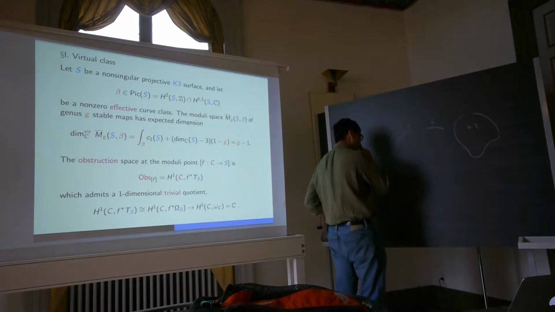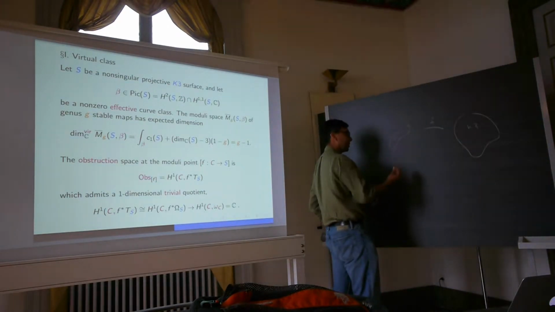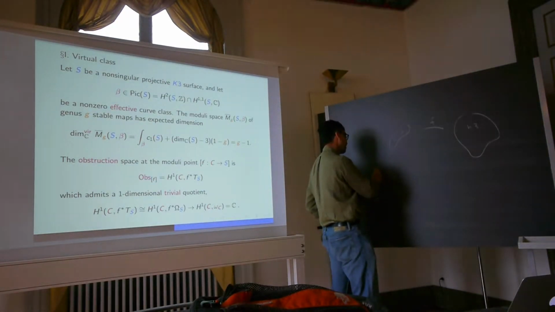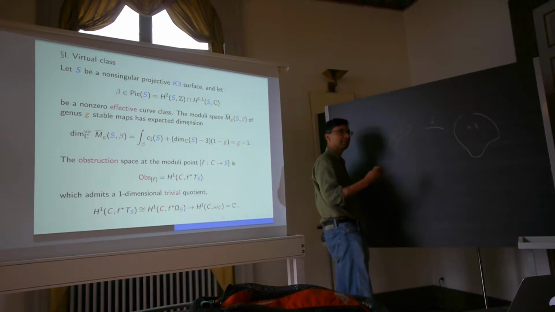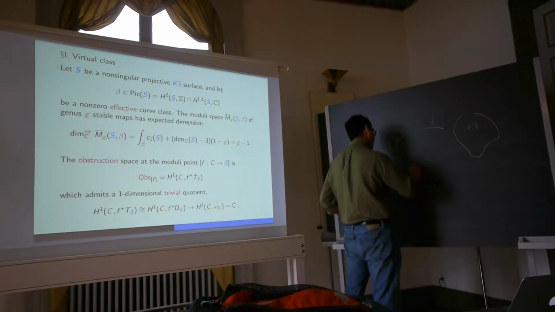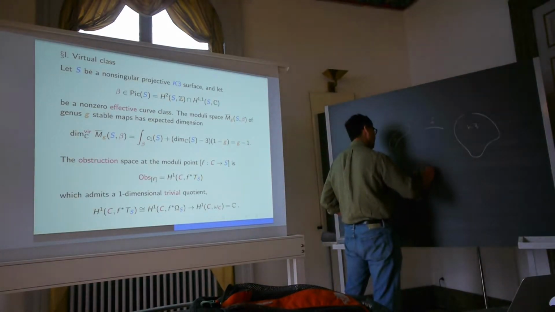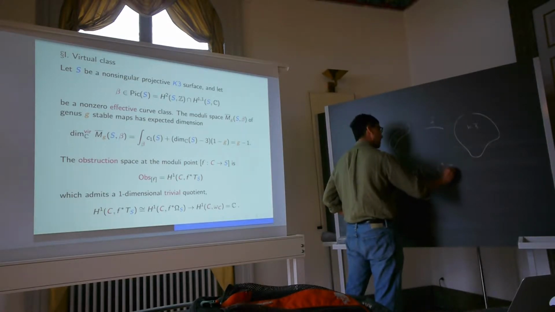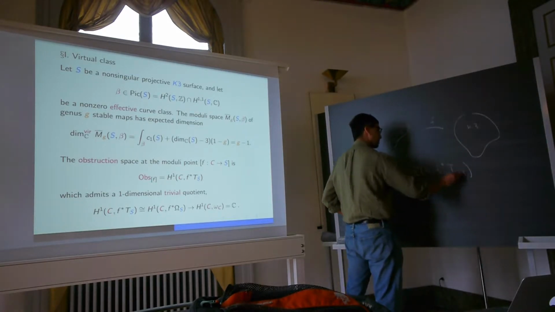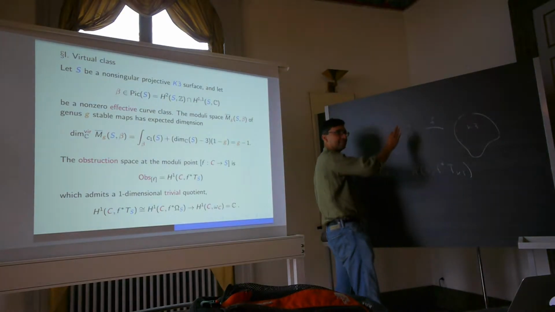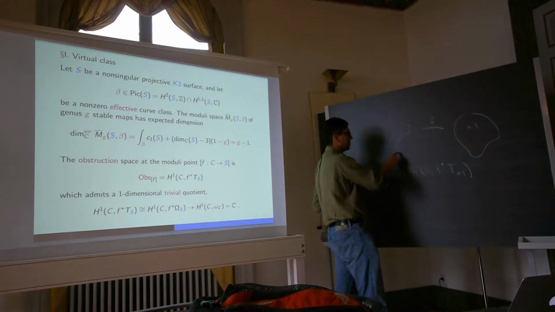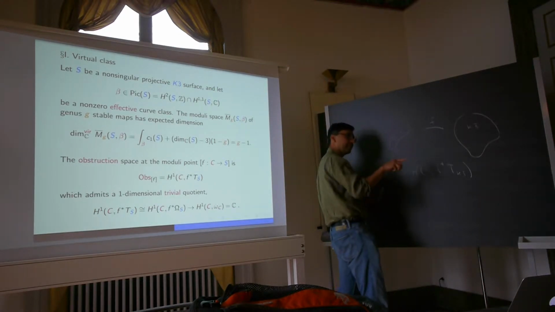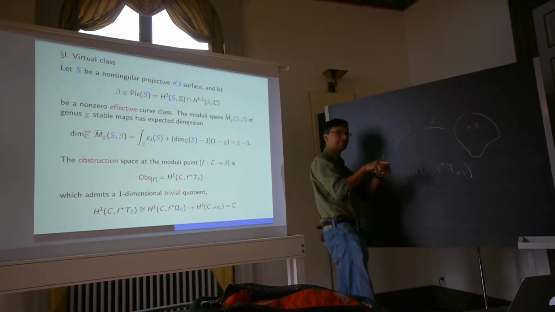If I want to know what kind of moduli this map has, I have to look at the deformations of this map. In any geometry, if I have a map and I want to move it, then the deformations are H0 of the pullback of the tangent space. There's a tangent bundle here, I pull it back and I take a section. That gives me the infinitesimal deformations of such a map, because I specify at every point a tangent direction, which tells you where this map is supposed to go.